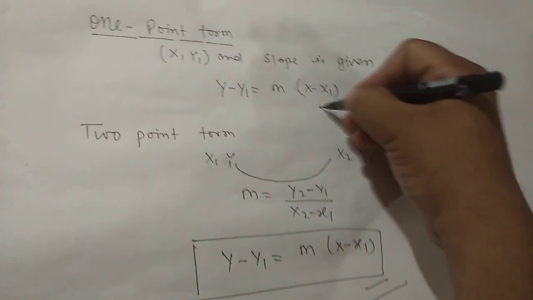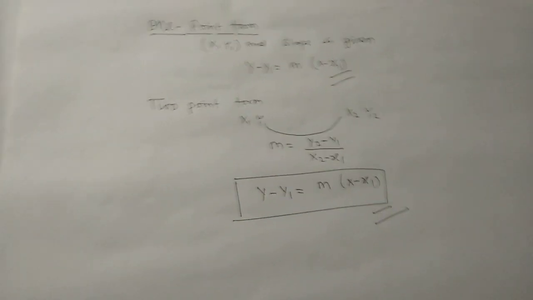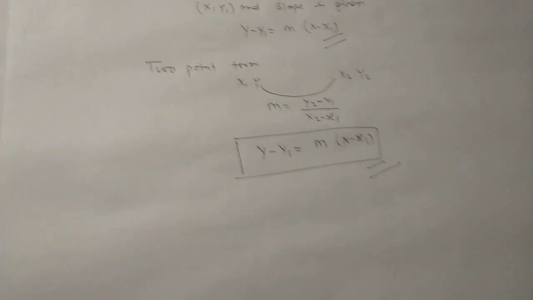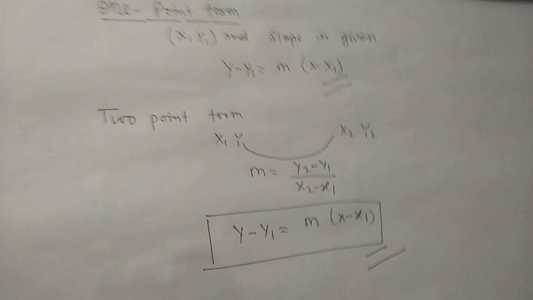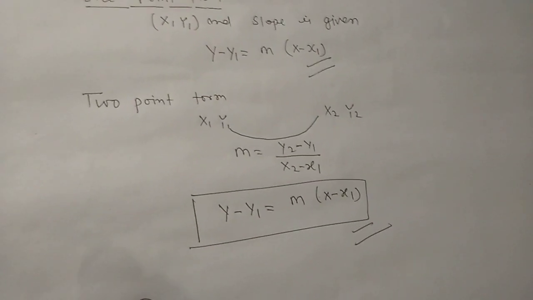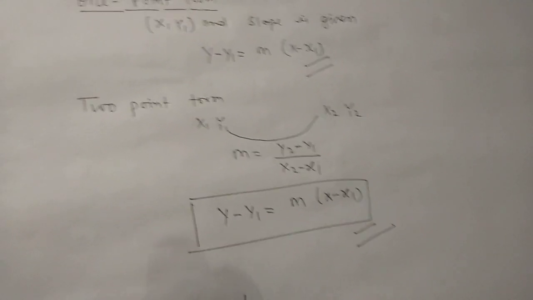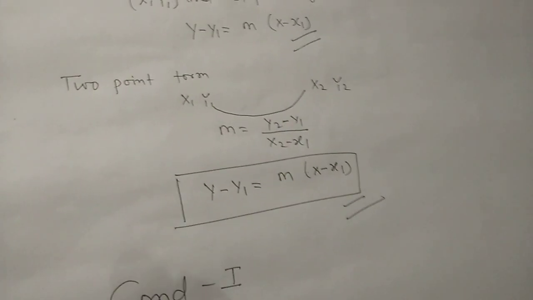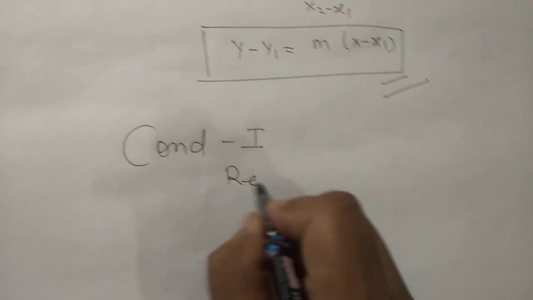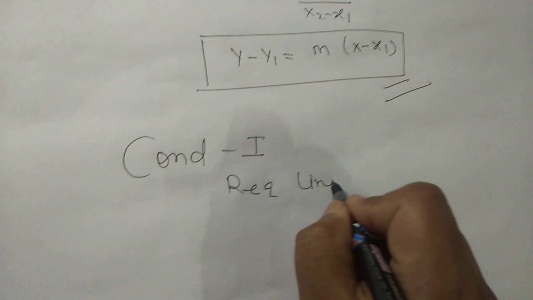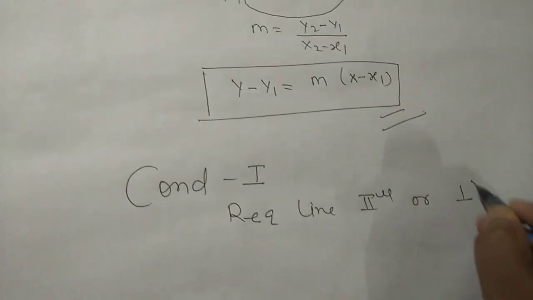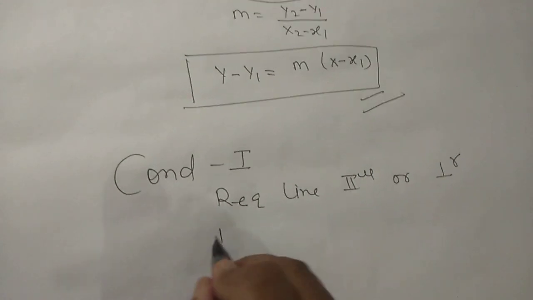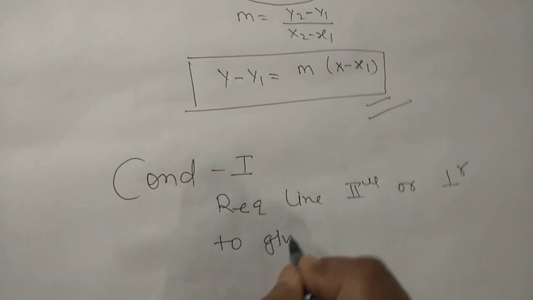You can say these are the applications. But here I just wish to add one thing, the condition, where children always get confused. The condition is: the required line is parallel or perpendicular to a given line.